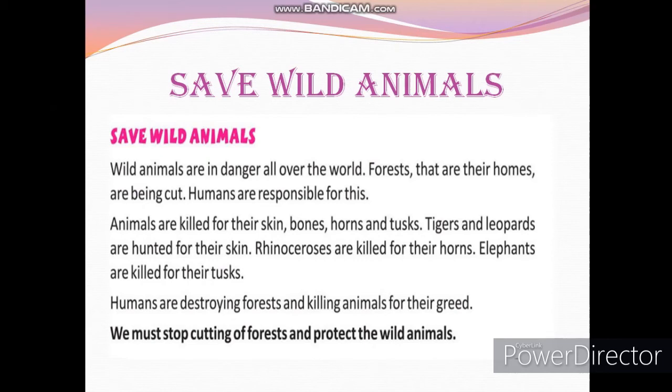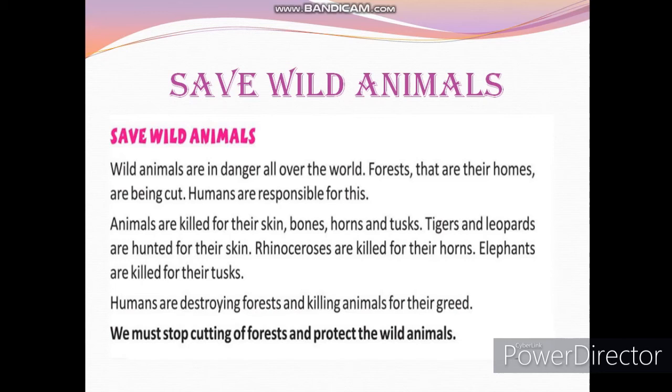Save wild animals. They are in great danger, so we have to save them. Wild animals are in danger all over the world. Forests are their homes, but humans are cutting the forests and killing the animals.